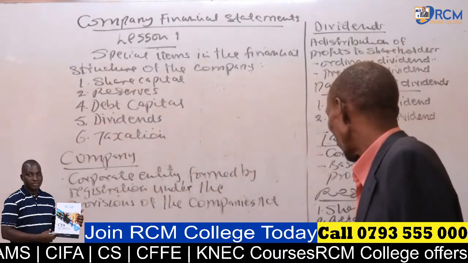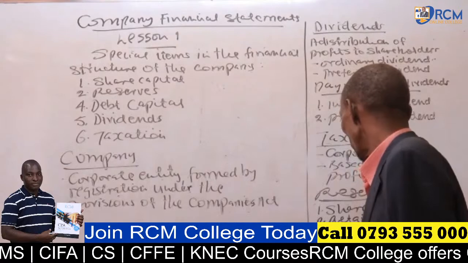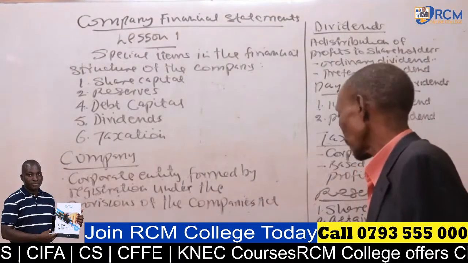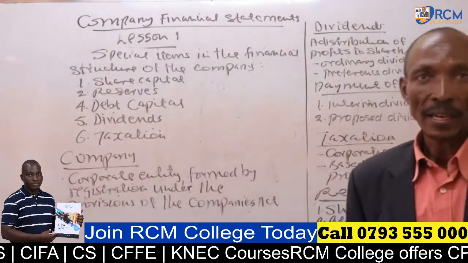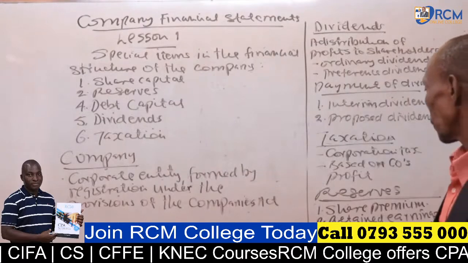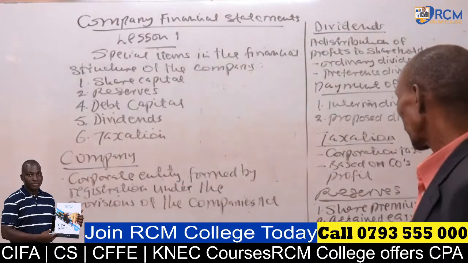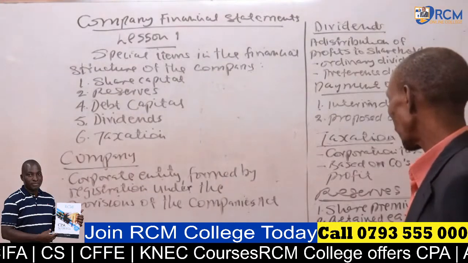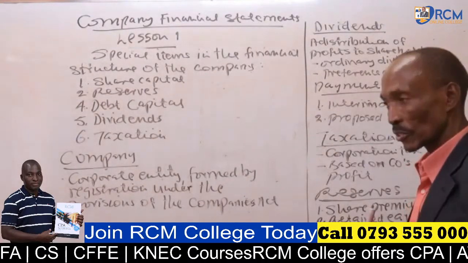Then we have general reserve or reserves. These are reserves which can be used for a variety of purposes. Such a reserve is built from here. After retaining some earnings, we may decide that it's too much retained there. We transfer some of it to general reserve.